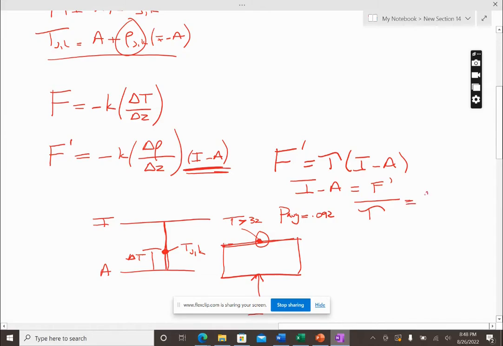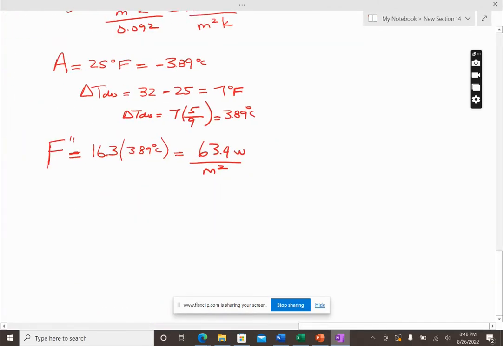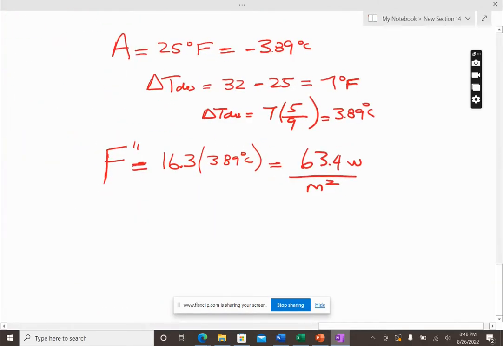Or we know what tau is, it's F prime over 1.5. So we can use divide by 1.5 to get the heating load as a prediction. So if we want to get above this value, we just solve F double prime over tau equals I minus A in degrees Celsius.